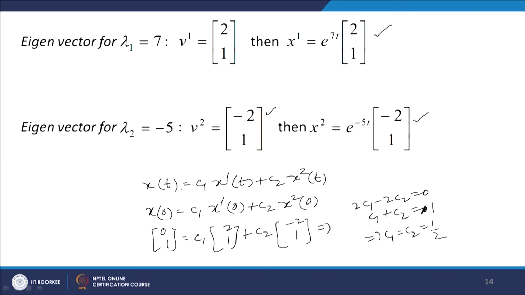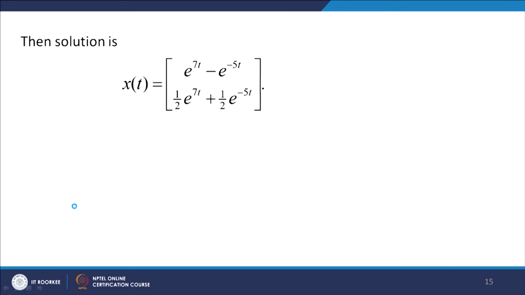Then x(t) is equal to half x1(t) plus half x2(t). So this is the particular solution of the given initial value problem. So x(t) turns out to be half e to the power 7t times (2, 1) plus half e to the power minus 5t times (minus 2, 1), that is, (e to the power 7t minus e to the power minus 5t, half e to the power 7t plus half e to the power minus 5t). That is all for this lecture. Thank you very much for your attention.